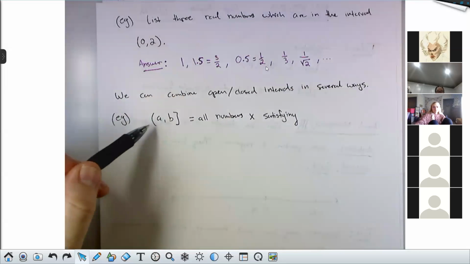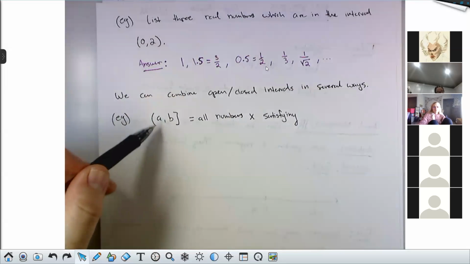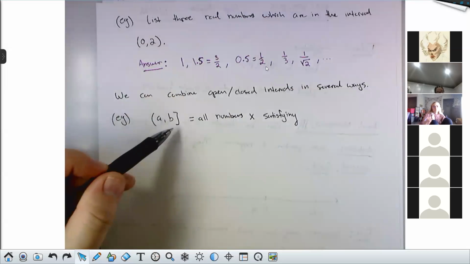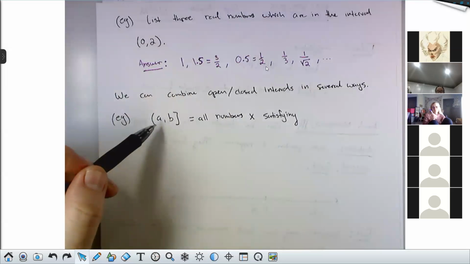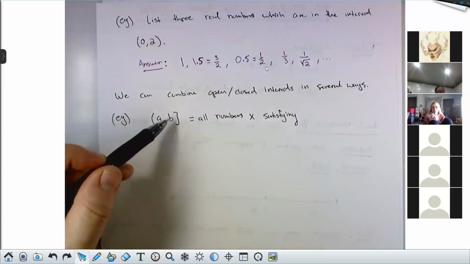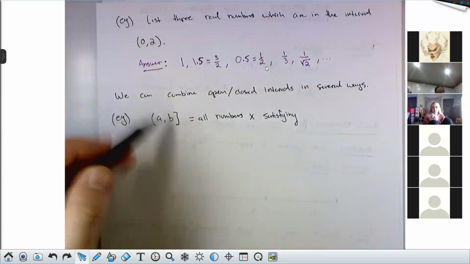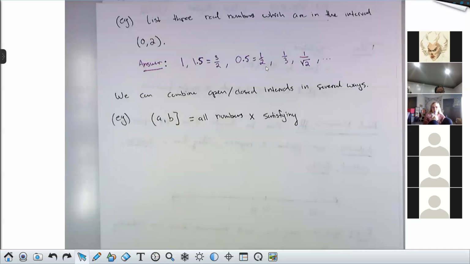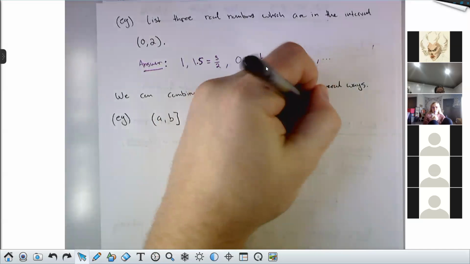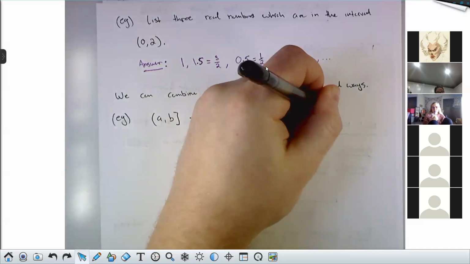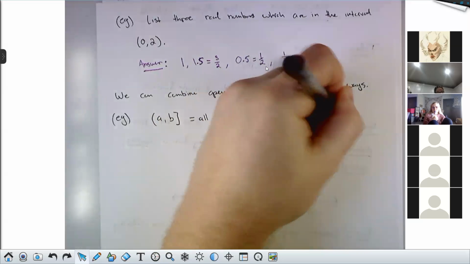So the parenthesis means strictly bigger than, and the bracket means less than or equal to, right? So this would be all the numbers that are strictly bigger than A and less than or equal to B. So it's all the stuff that is bigger than A up to and including B. That would be A is less than X is less than or equal to B.